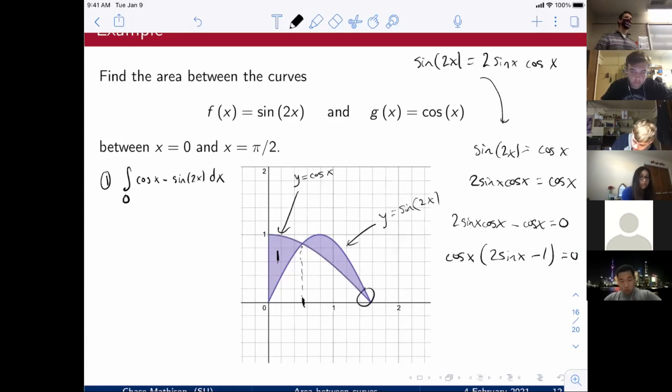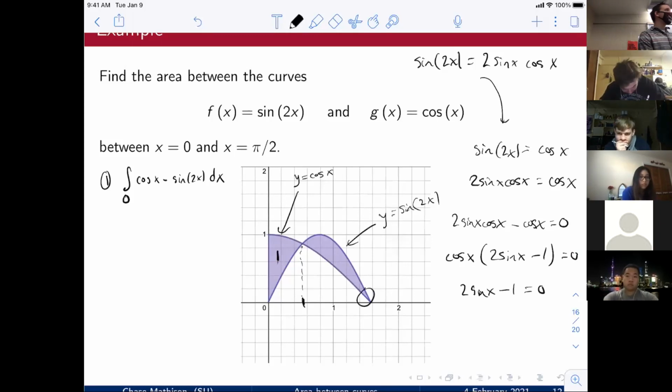We can see that those two equal each other at pi over 2. Or 2 times the sine of x minus 1 equals 0, which is the same thing as saying if I add 1, 2 times sine of x is equal to 1, so sine of x is equal to 1/2.